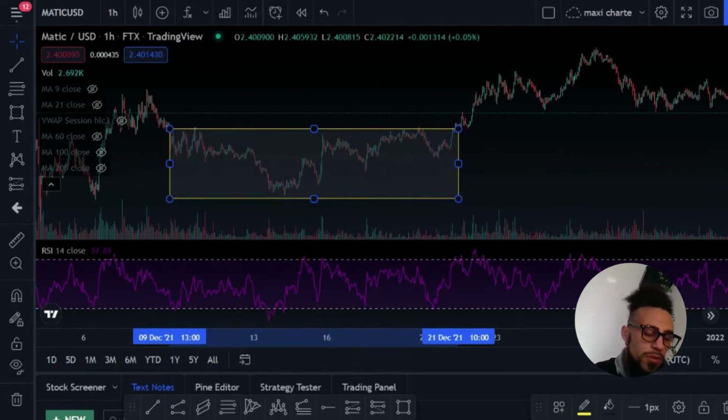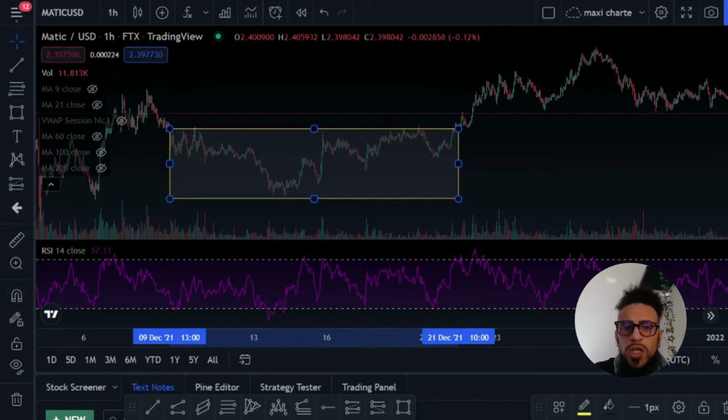So now there's another term that is very common in the trading industry, which is the market trend. What is a trend? Well, in the cryptocurrency and financial industry, a trend refers to when the market goes up or down. All right, so it's going to be either an uptrend or a downtrend.